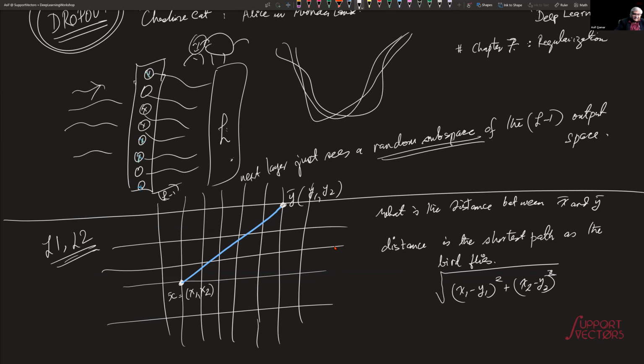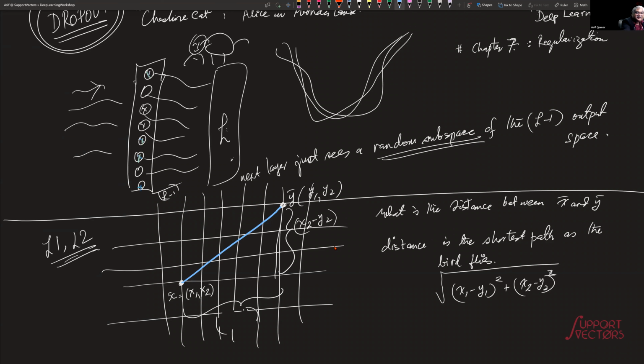This is just the Pythagoras theorem. Namely, this part is x1 minus y1, and this part is x2 minus y2, or the other way around. I should write it correctly.